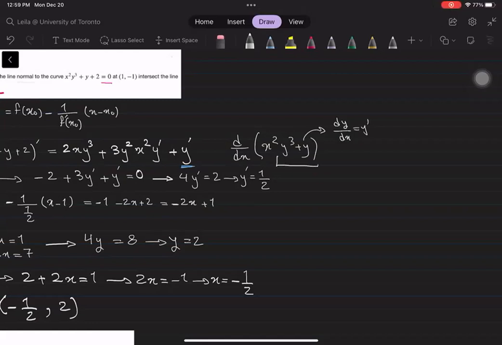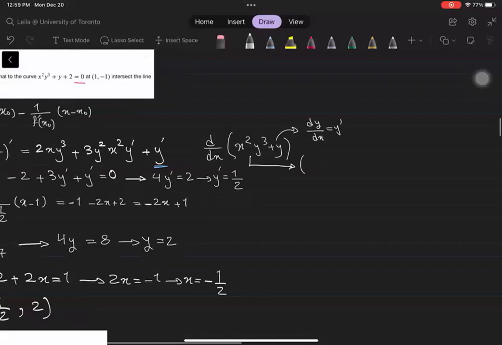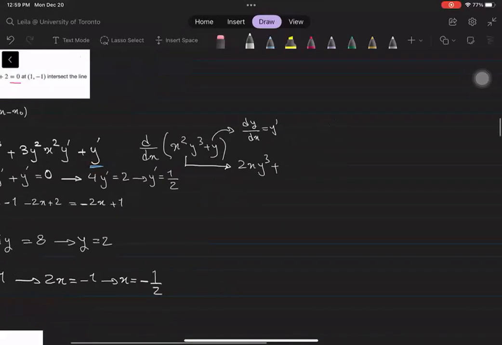And then for this one, the first is taking the derivative of x squared, so 2xy cubed. And then the second, when you want to take the derivative of this, the y is like a function, so you can't get rid of it.